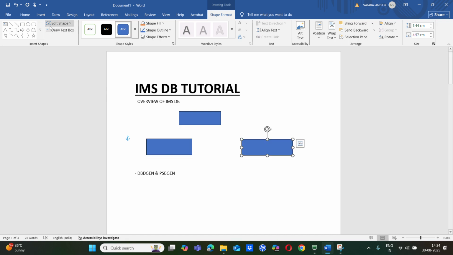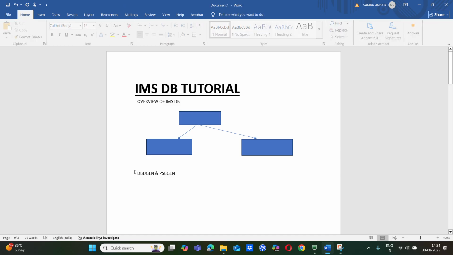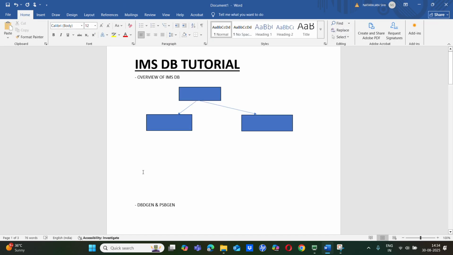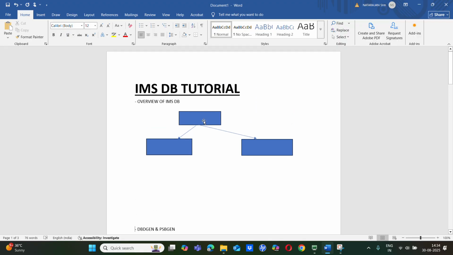It should have one root segment, and it may have n number of dependents. It's not that it should have only one dependent; it can have n number of dependents. The structure is like an inverted tree, starting from the root and stretching out like branches.